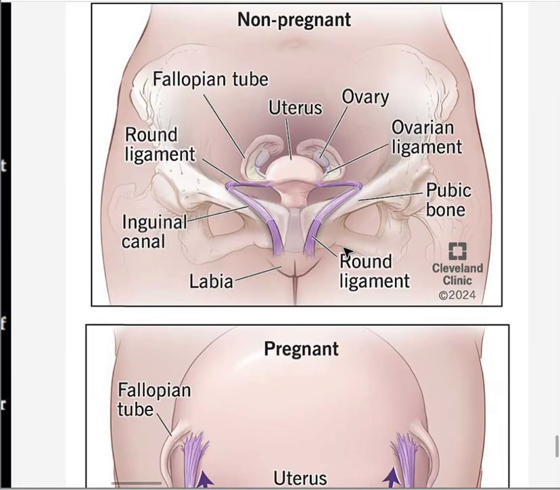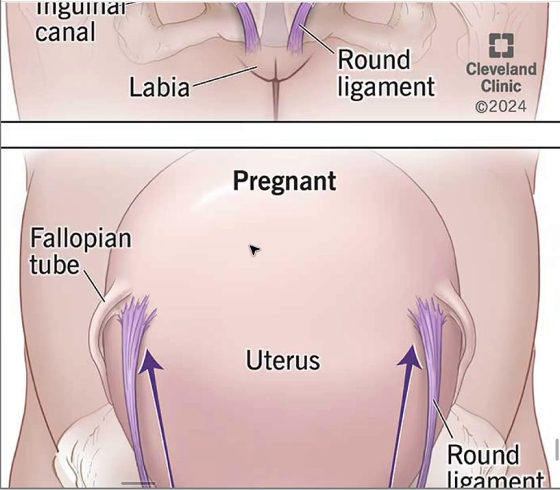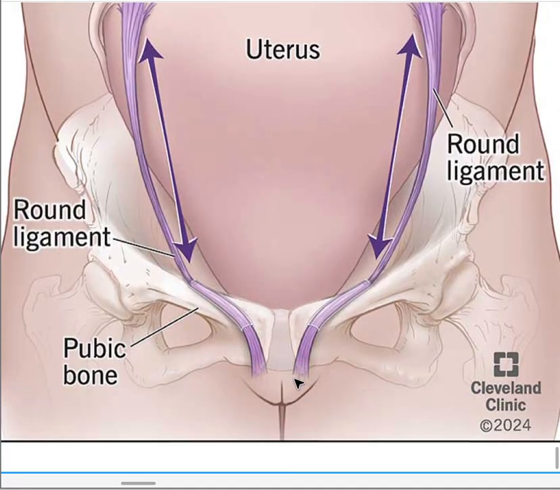I am going to show it to you here. Can you see the round ligament here? Here it runs forward and enters the inguinal canal, ending in the subcutaneous tissue here of the labia majora.